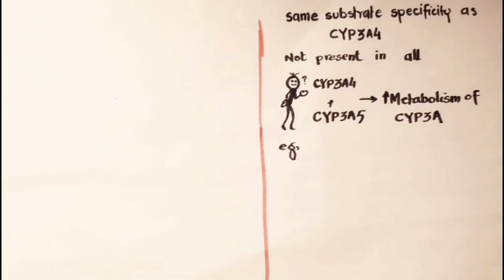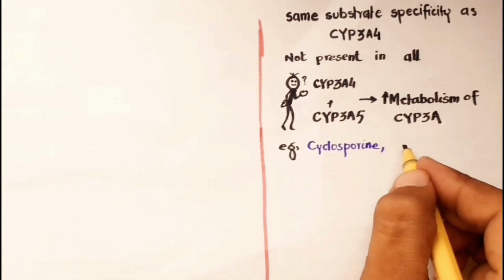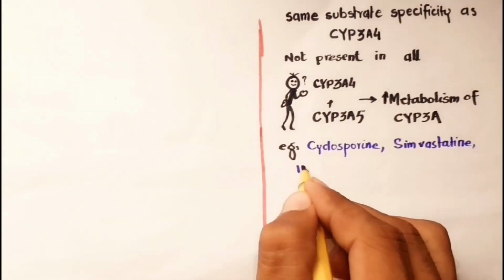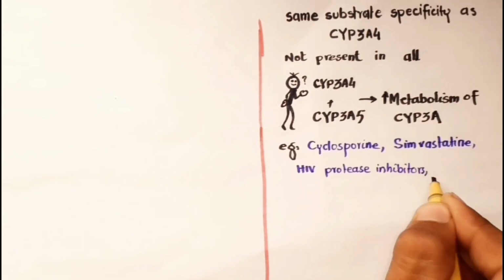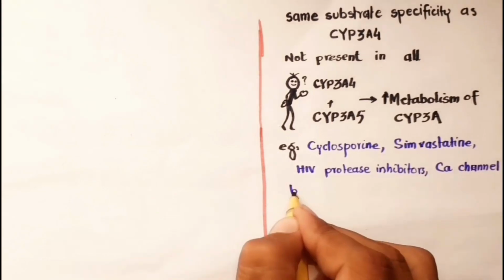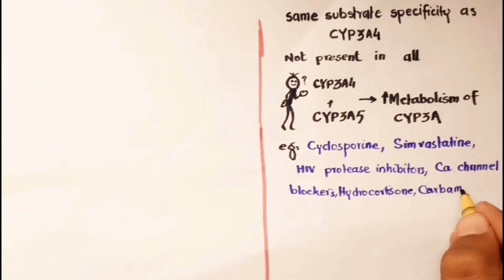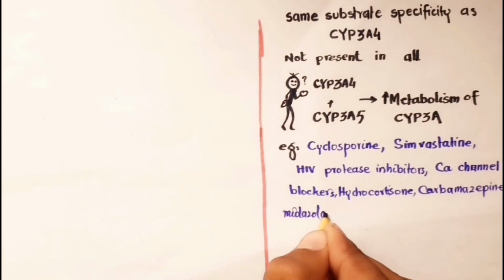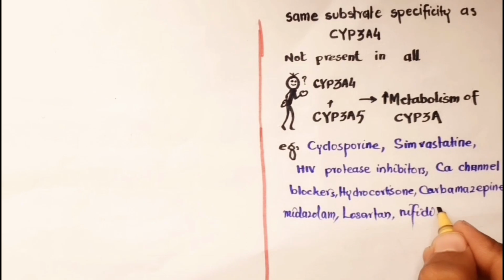Drugs metabolized by these isozymes include cyclosporin, simvastatin, HIV protease inhibitors, calcium channel blockers, hydrocortisone, carbamazepine, midazolam, losartan, and nifedipine.